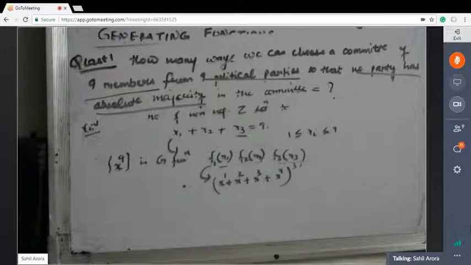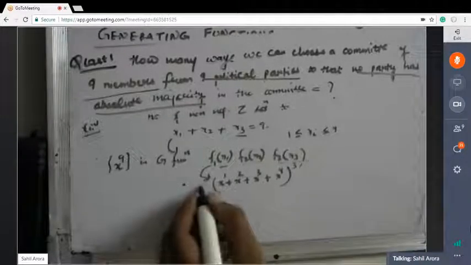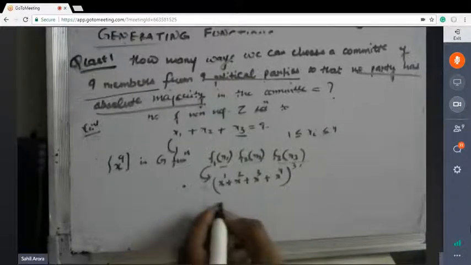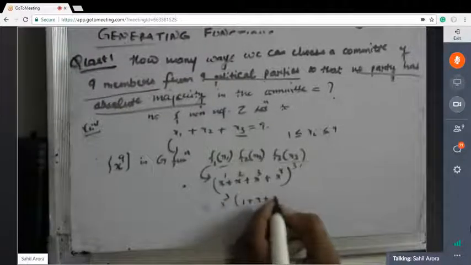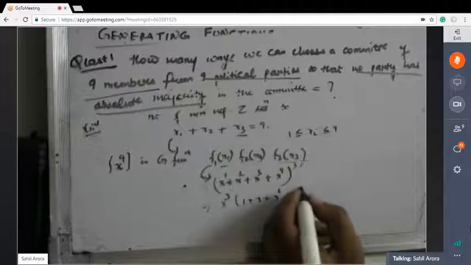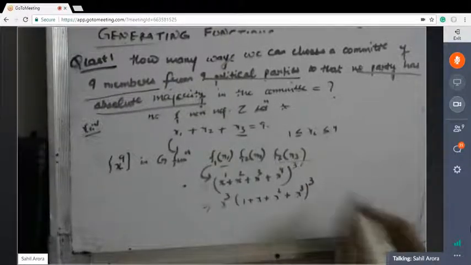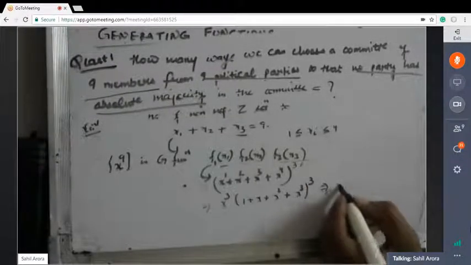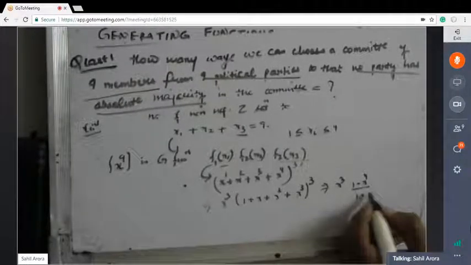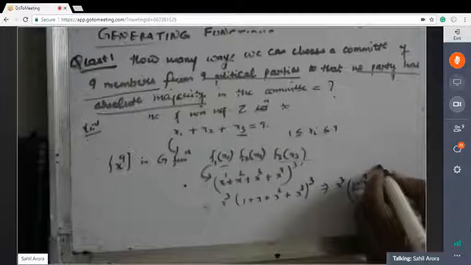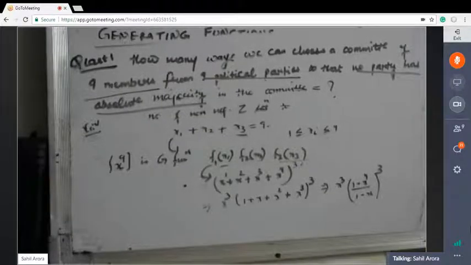Now we can take x to the power 3 as common. If I take x to the power 3 as common, it becomes 1 plus x square plus x cube, whole power 3, right? Now we can write it as x power 3 times (1 minus x power 4) upon (1 minus x), whole power 3. I think this is clear, right?